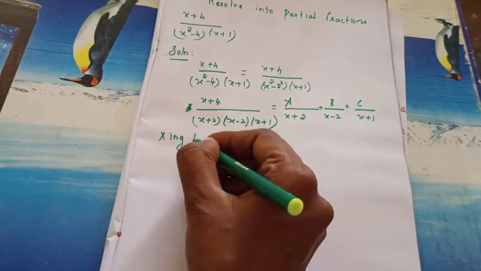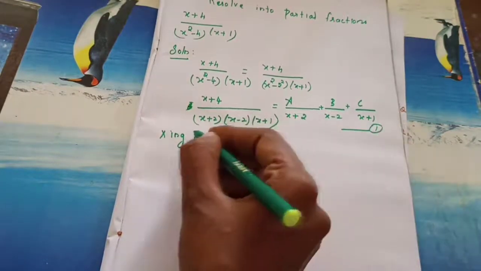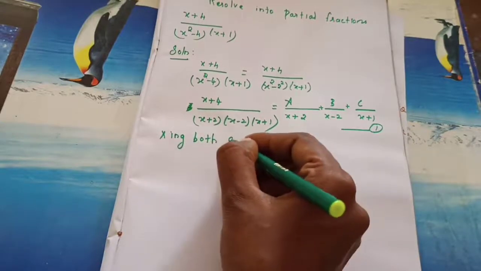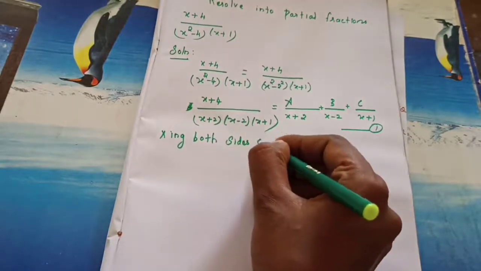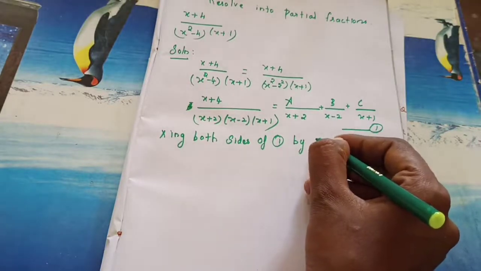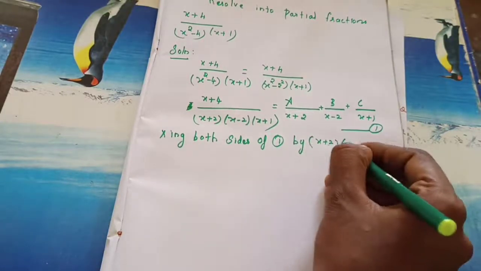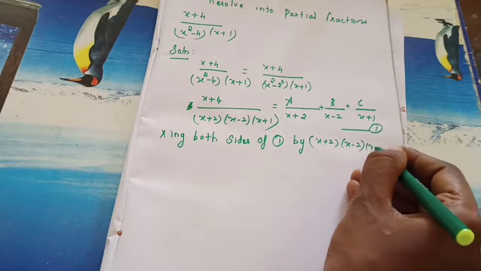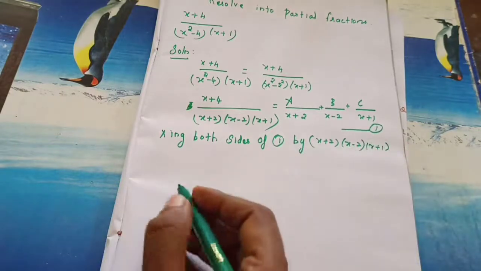Multiplying this one, you take it as equation 1. Multiply both sides by (x + 2)(x - 2)(x + 1). Okay, substitute here.